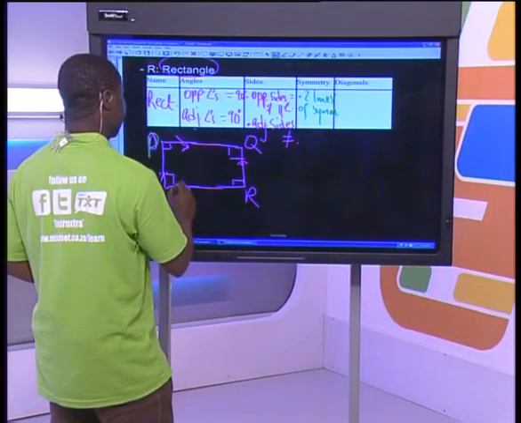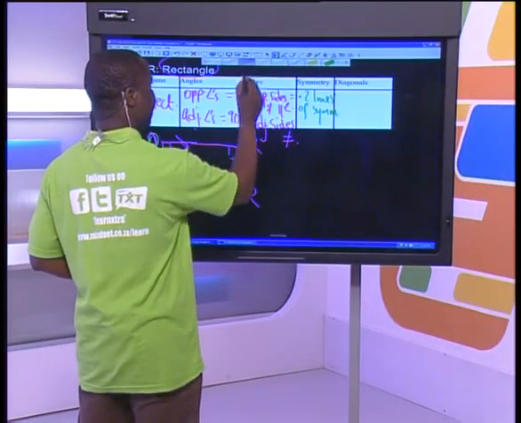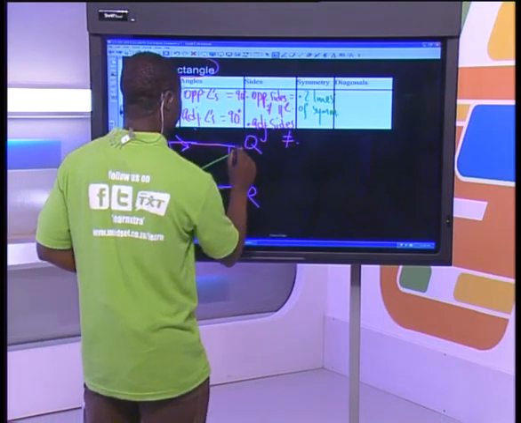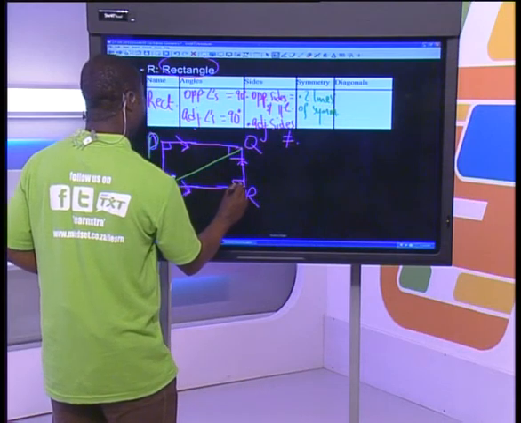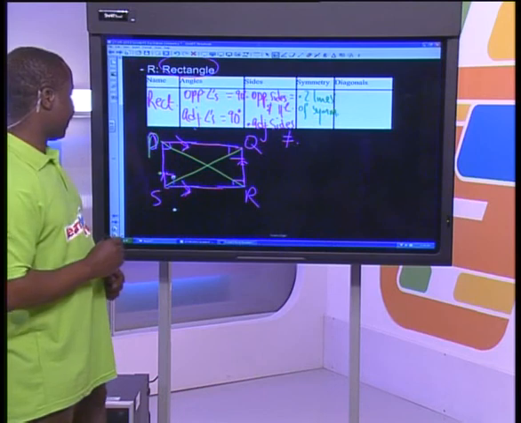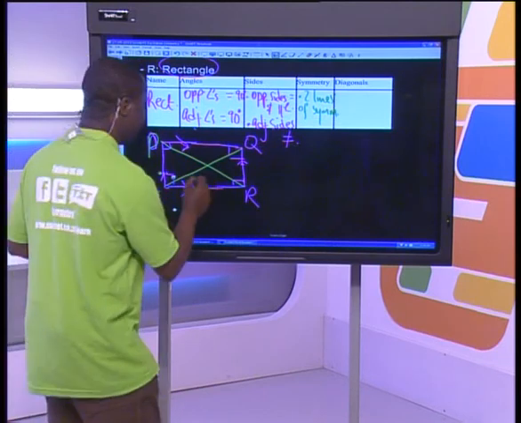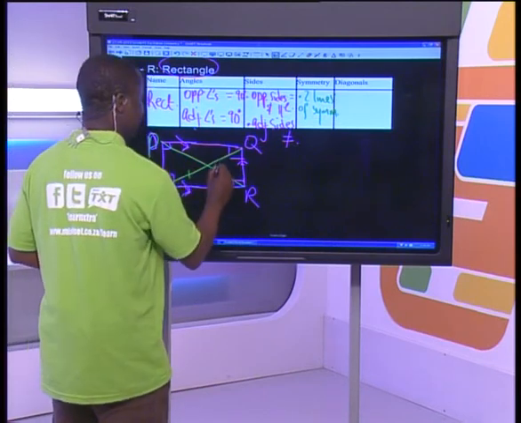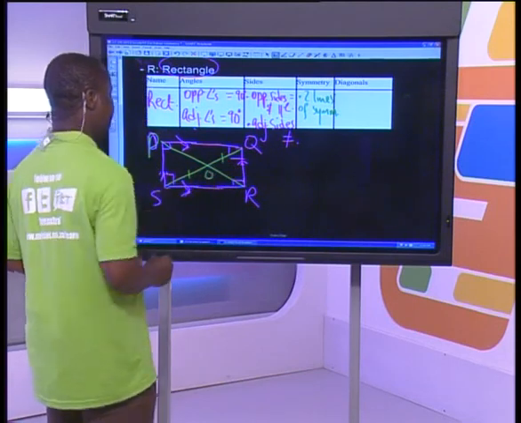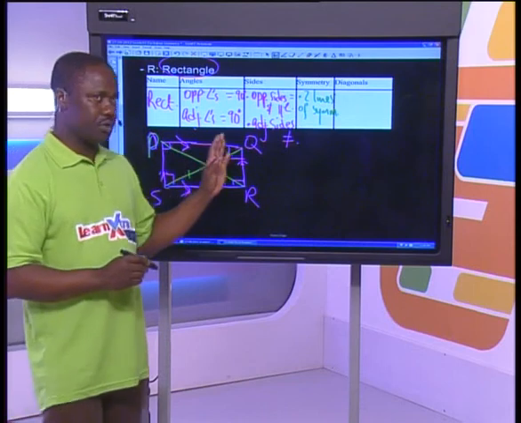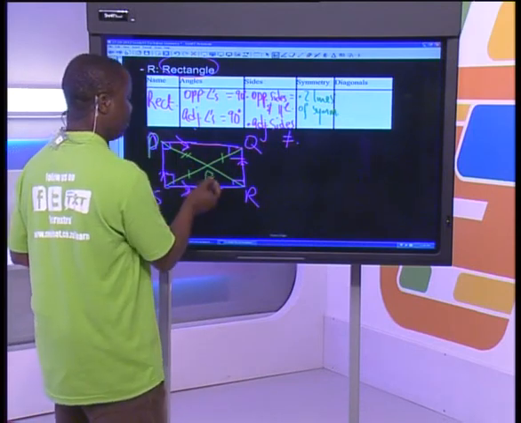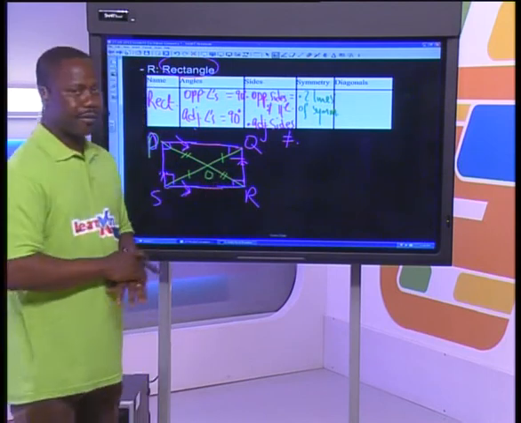The diagonals will then be lines that go from vertex to vertex, S to Q, P to R. Now, guaranteed, these lines bisect each other. So in other words, if this is O here, SO will be equal to OQ, and PO will be equal to OR.